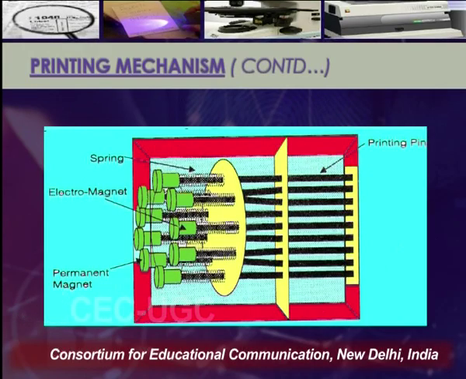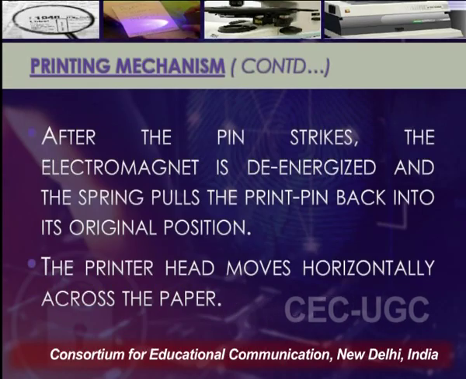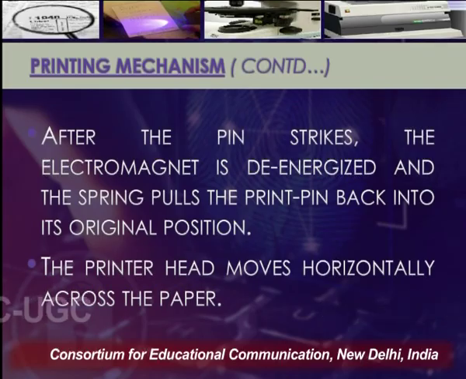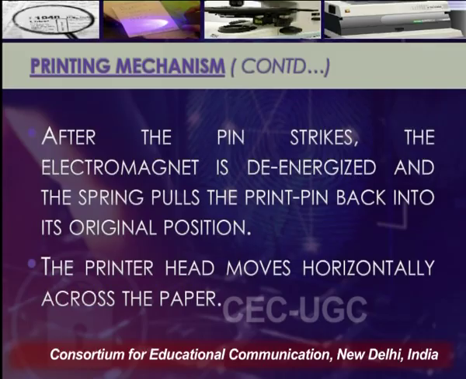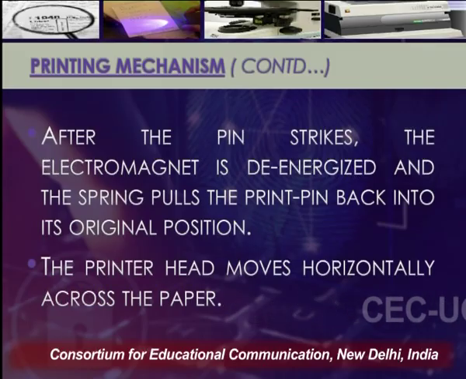Whenever we have the printing pin, the current will be there and the specific printing pin will go and impact on the paper. After the pin strikes, the electromagnet is de-energized and the spring pulls the print pin back into its original position. The printer head moves horizontally across the paper.